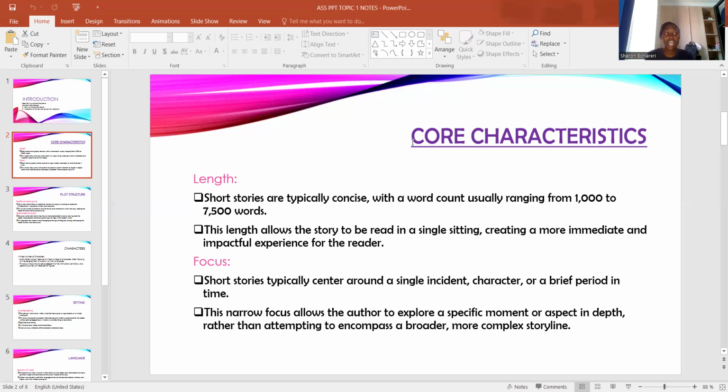You should have 1 to 3 themes in your story, not a lot of themes. This will narrow the focus and allow the author, and even the readers, to explore a specific moment or aspect in depth, rather than attempting to encompass a broader, more complex storyline.